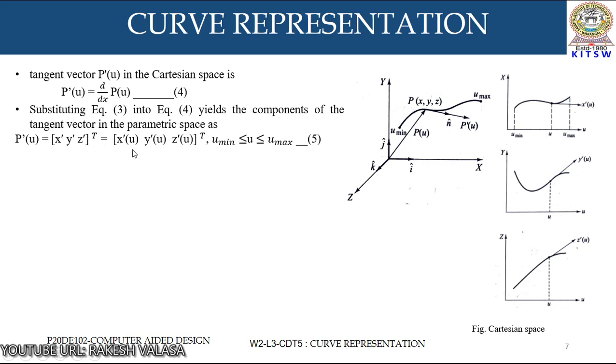In the Cartesian space we can write it as x dash of u, y dash of u, z dash of u transpose, where the limits are u minimum less than or equal to u less than or equal to u max. This is equation number 5, where x dash of u, y dash of u, z dash of u are the first parametric derivatives of the position vector components x of u, y of u and z of u respectively.